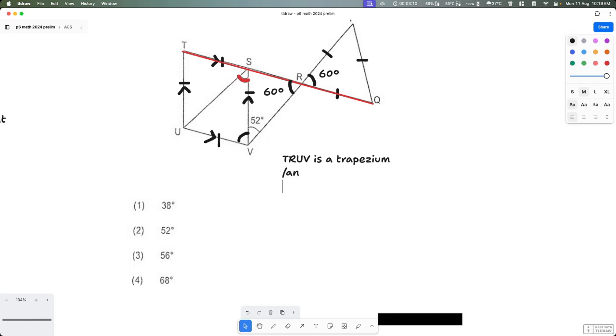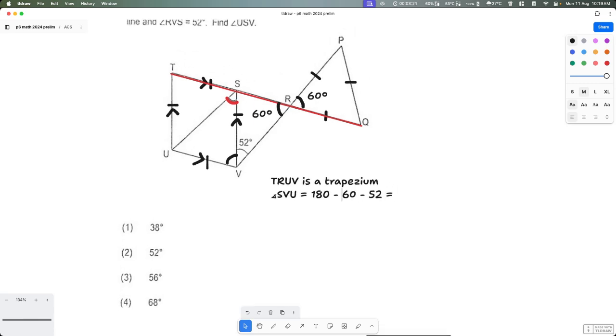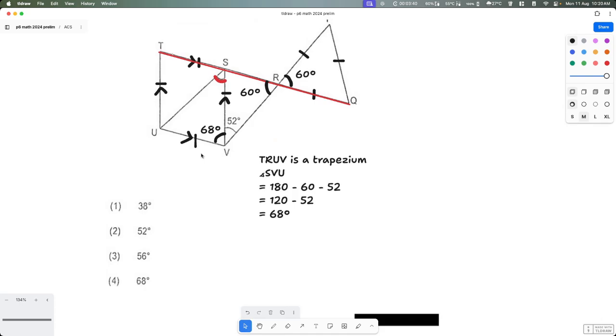So angle SVU is equal to 180 minus 60 minus 52. And what will this give us? So it's basically 120 minus 52, this will give us 68 degrees. So from here we know that this is 68 degrees.